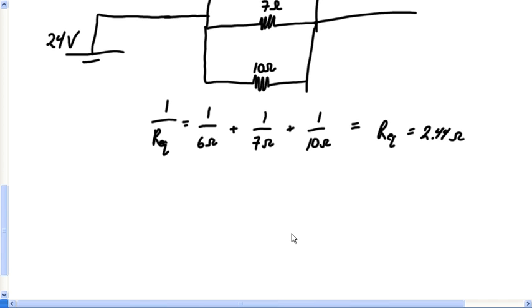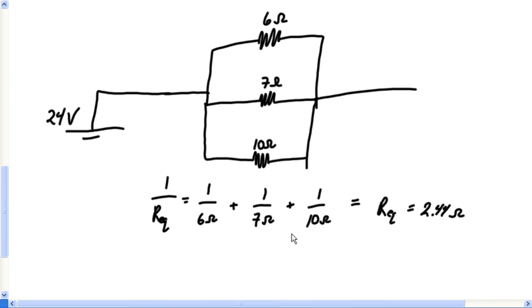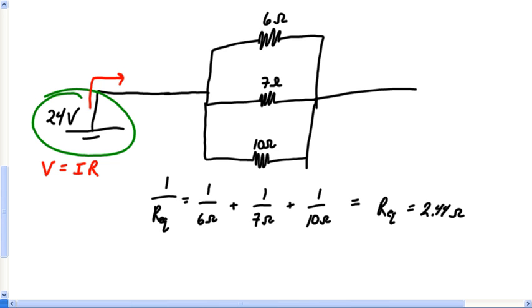Now, a very common thing, and I always like to do this, I always like to come back over to this battery now, and I like to know how much current is leaving this battery. Whether or not the problem even asks me, I'm going to do that, because all it is V equals IR. So 24 equals I times 2.44.